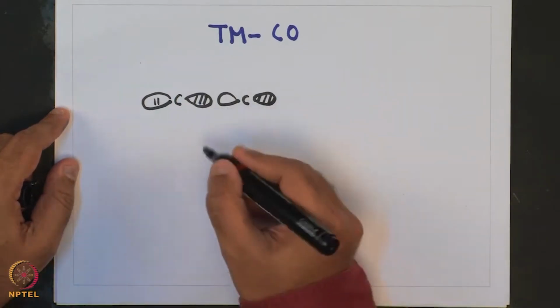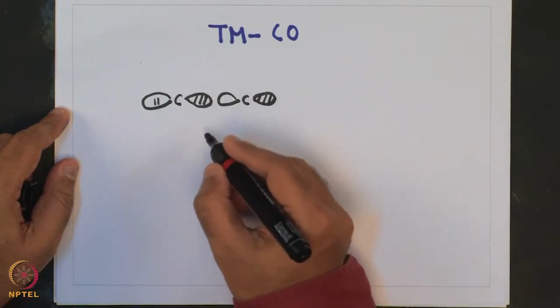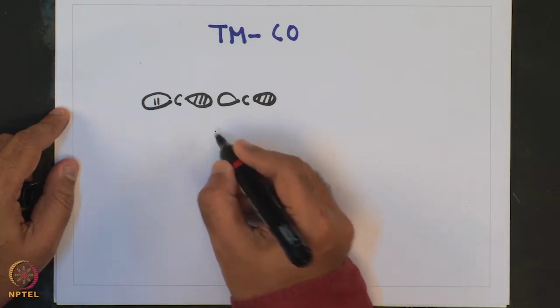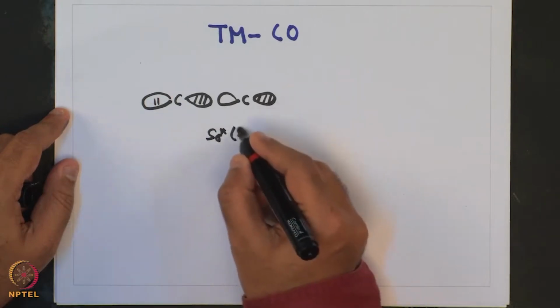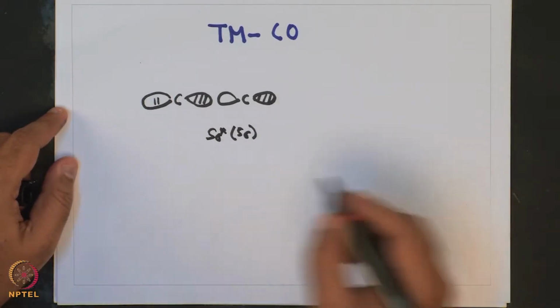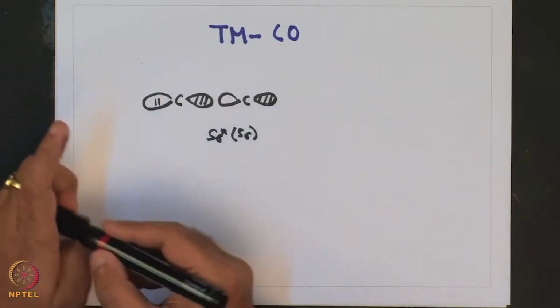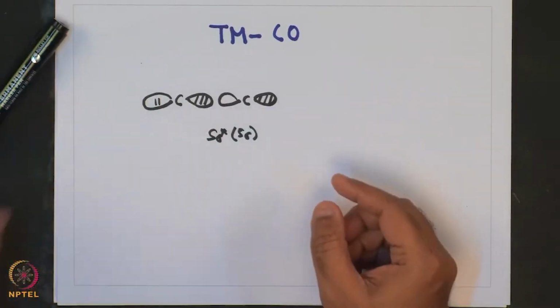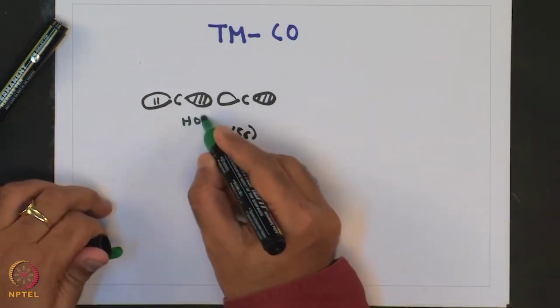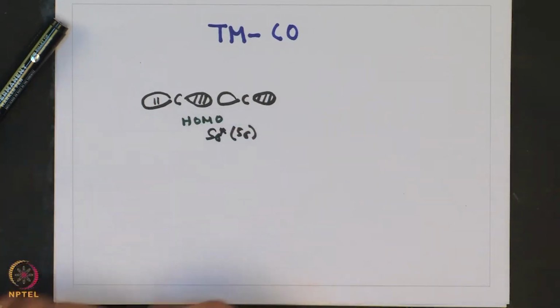This is the sigma star or 5 sigma orbital, a filled orbital which is the HOMO of carbon monoxide.